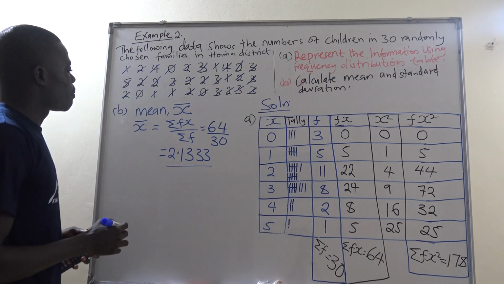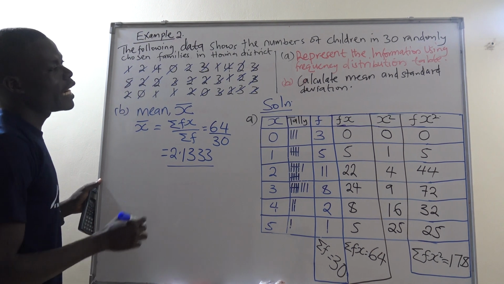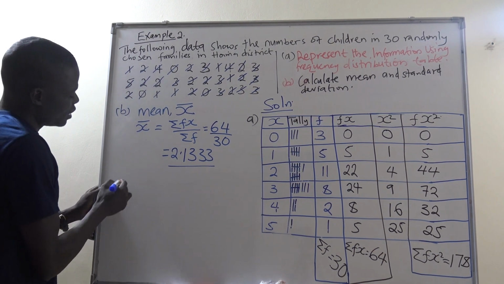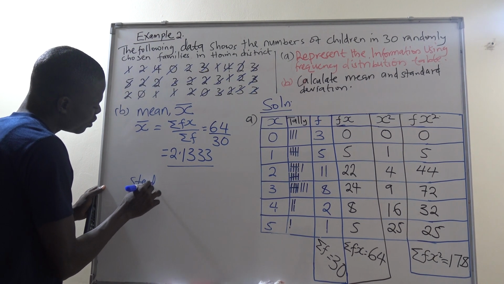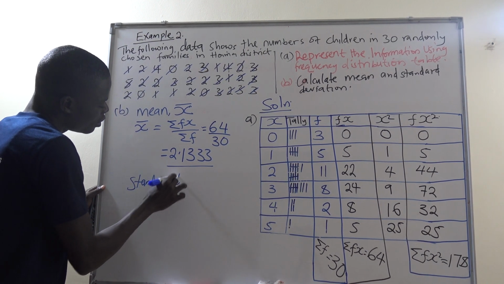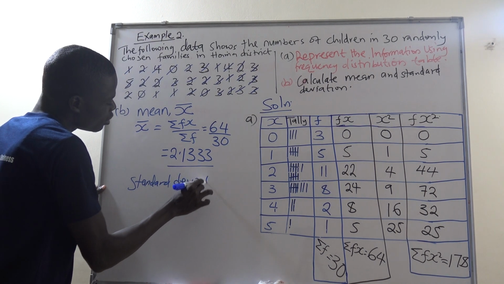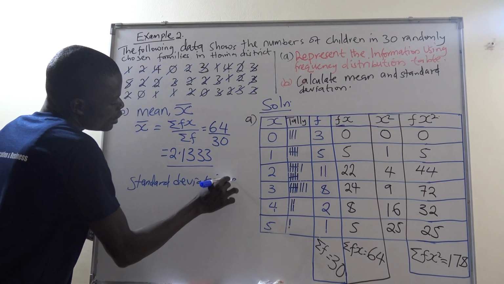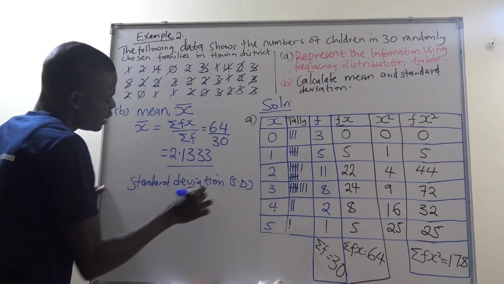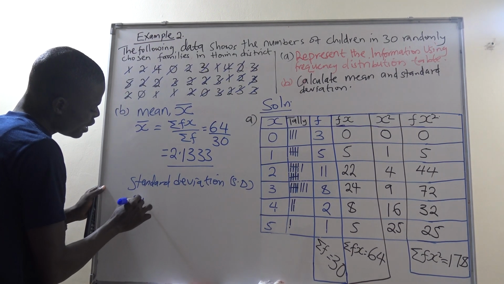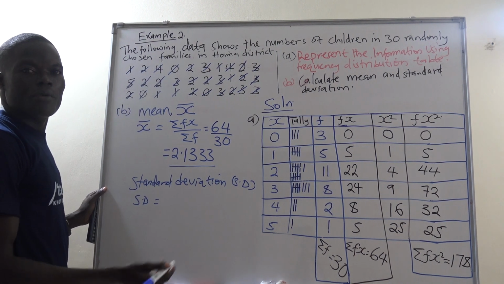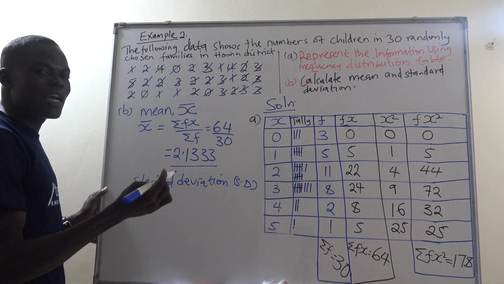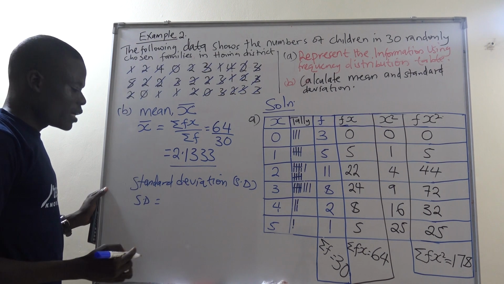So that's our first part of B, and then the second part of B says to calculate the standard deviation, which is SD. Now here, since we have the mean, we shall use the second formula, used when we have the mean and the frequency.